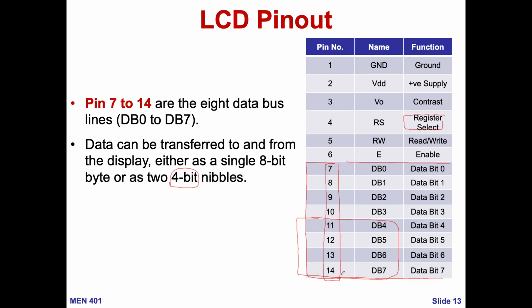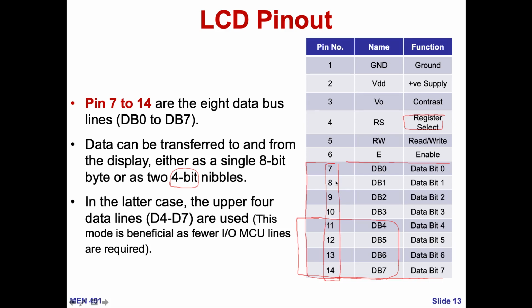In this way, I will be using just 4 digital input-output pins from the Arduino, not 8. This is the most used method in order not to take all of the digital input-output of the microcontroller. It's very beneficial because fewer input-output microcontroller lines are required.